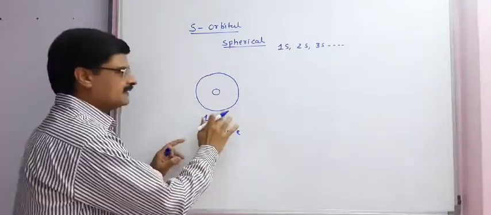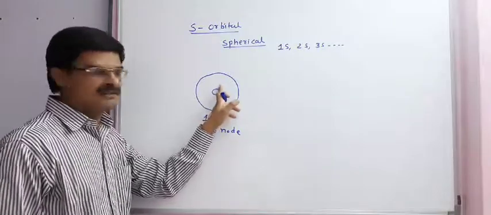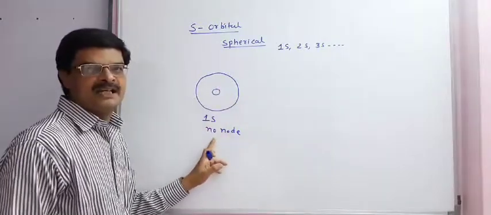It means we can say we don't find any region where the probability of finding electron is 0.